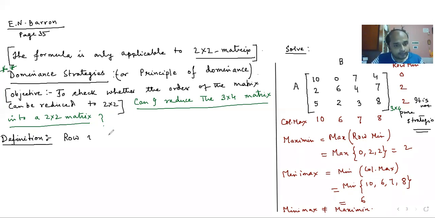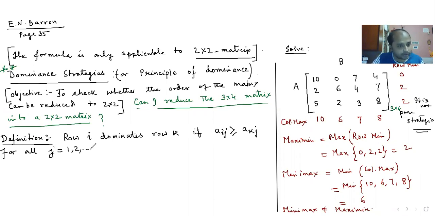Row i dominates row k if A_ij is greater than or equal to A_kj for all j equal to 1 to m.